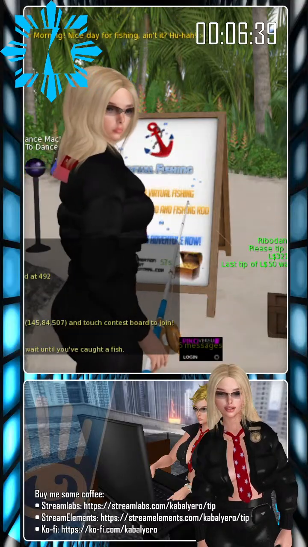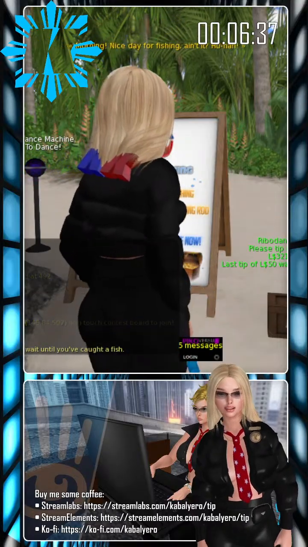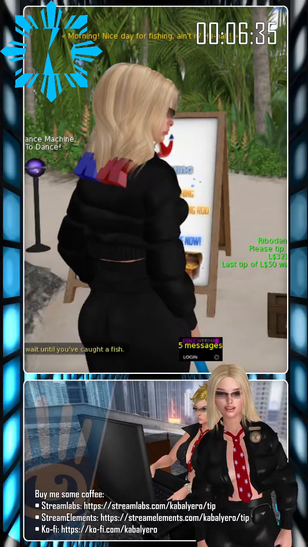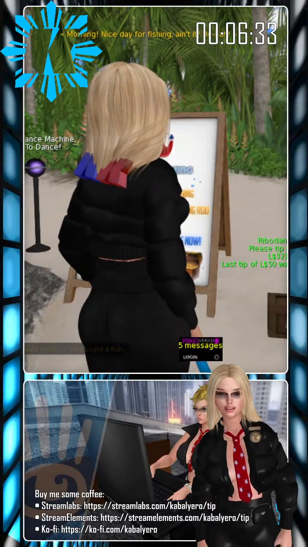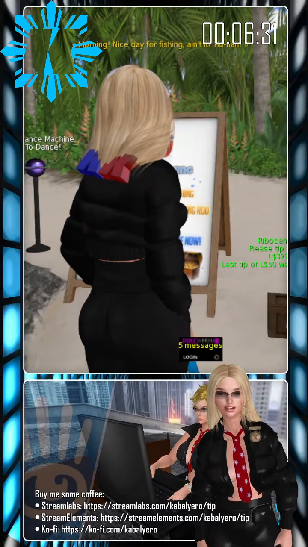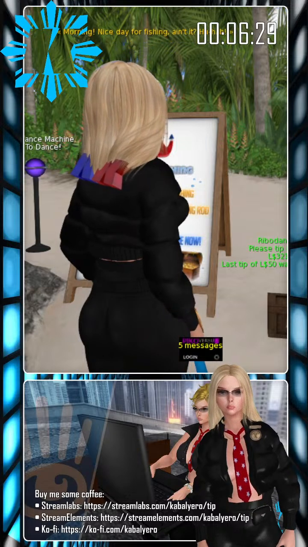Okay, down to the last three casts. Earnings at 19.3. So there's still a good chance of reaching 20 Linden Dollars.